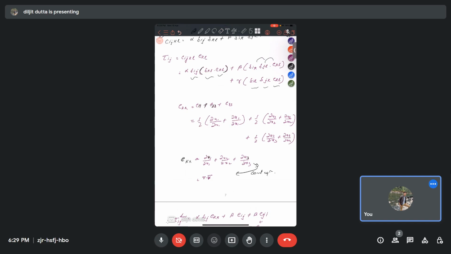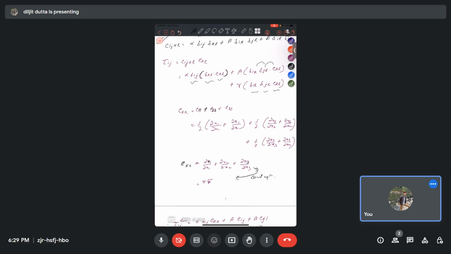So we have seen that if you multiply, suppose, delta JL into epsilon KL, what we will get?